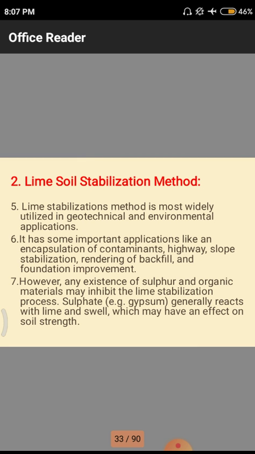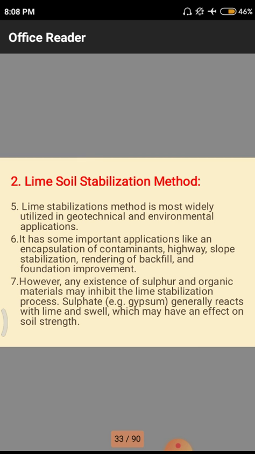Whenever there is a slope, the soil gets eroded due to wind, water and temperature effects, so we have to gain strength by adding lime to the sloping areas. Next, backfills also have the same phenomenon, and foundation improvement. In the foundation also we have to bond the foundation matter with the surrounding soil particles.